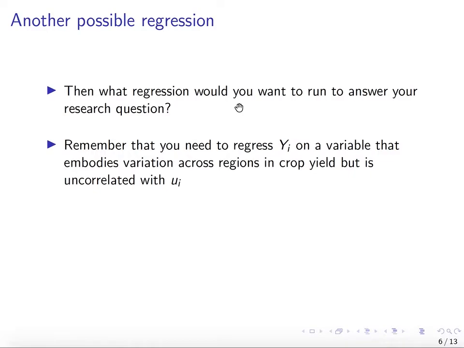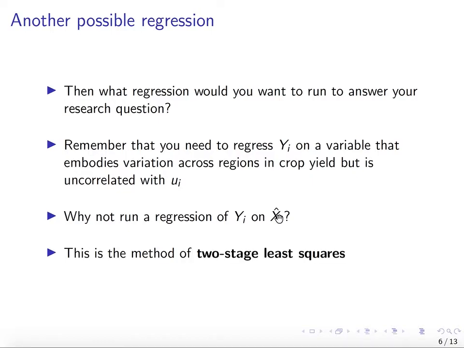We want this expectation of ui given this variable to be 0. This is the first assumption of our regression models. We really need that, otherwise we're going to have inconsistent betas. Something we could do is run yi on xi hat. That's actually what we're going to do.